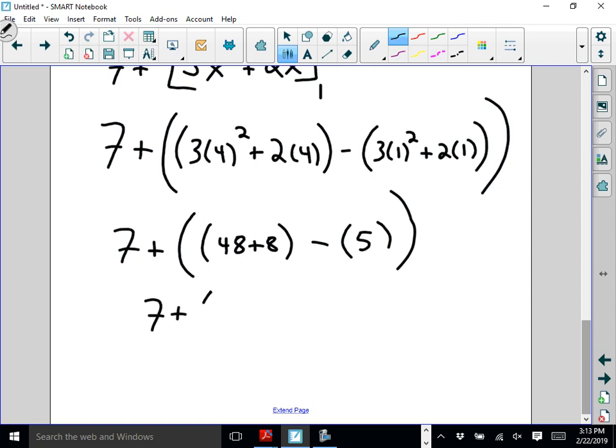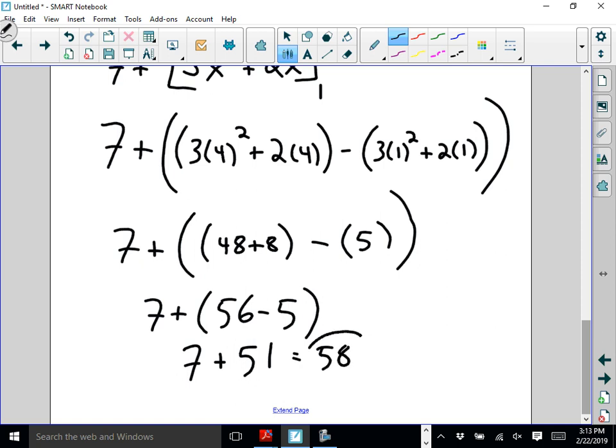Minus 5, 56 minus 5 is 51. Notice I keep writing 7 plus until the very end, and I get an answer of 58. So using initial condition plus, I get an answer of 58 for capital F of 4.